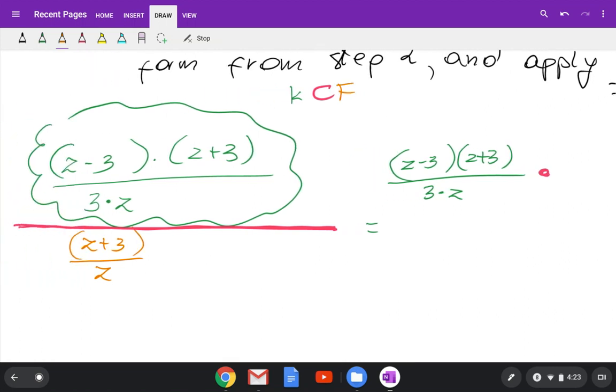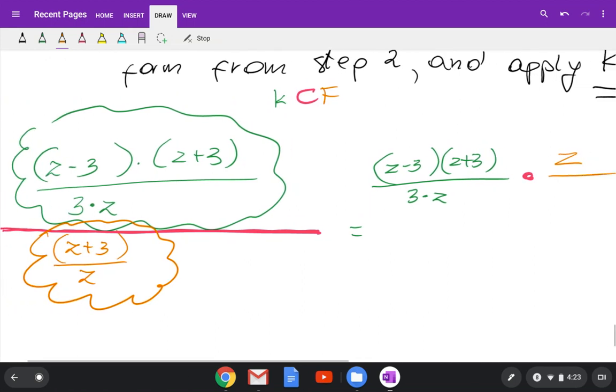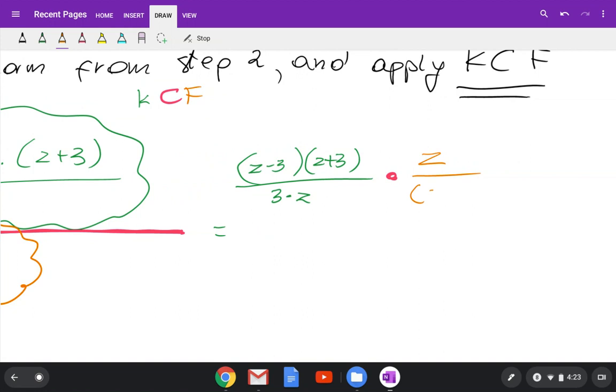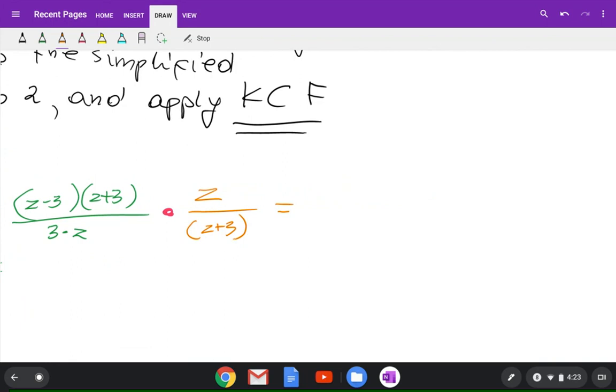Flip the bottom fraction, which means z goes on the top, z plus 3 goes on the bottom. And now you have fraction times fraction, so you multiply. You multiply numerators together, and you multiply the denominators together. So just multiply. Don't distribute anything. You're trying to cancel repeating factors, so don't add extra work to what we have already.